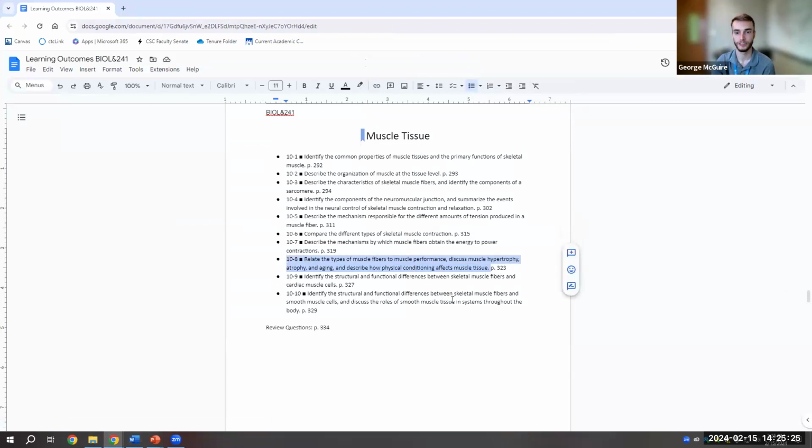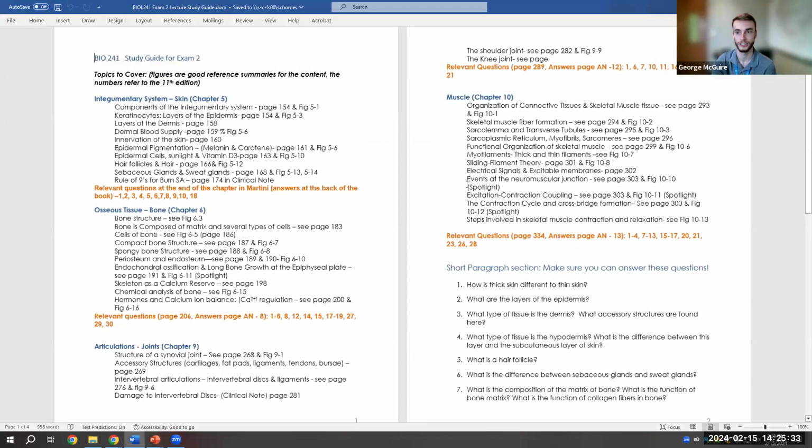So for 10.8, we didn't directly or explicitly address that; you meant the other sheet. Let me pull up the other sheet. So just the general topics here, is this what you're referring to, Malika? Okay. So excitation-contraction coupling, the contraction cycle and cross bridge formation, and steps involved in skeletal muscle contraction and relaxation. Okay. Yes.